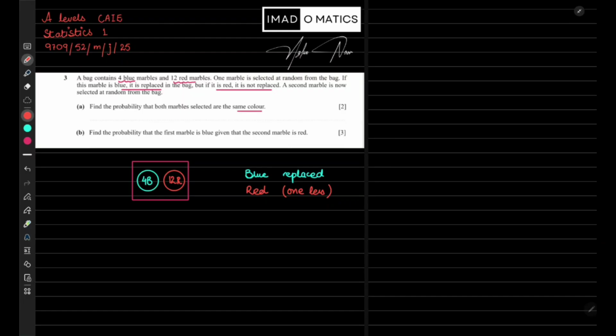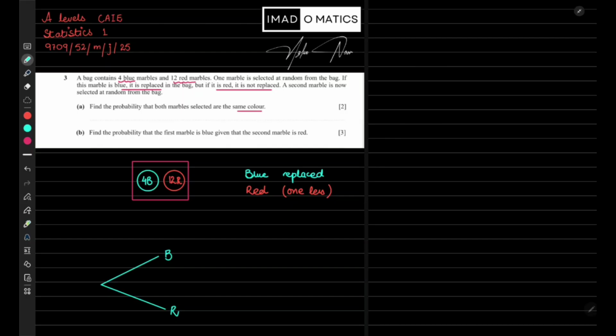So let's take one red and one blue. Let's take blue and red in that order, because it is the order written in the question, so it will be easy for us to understand.